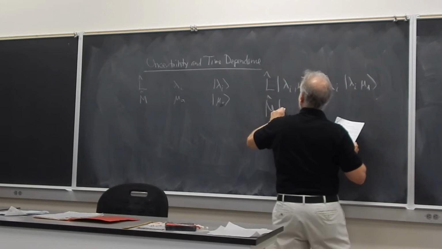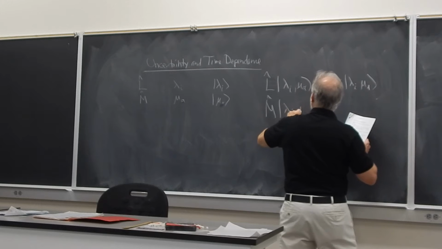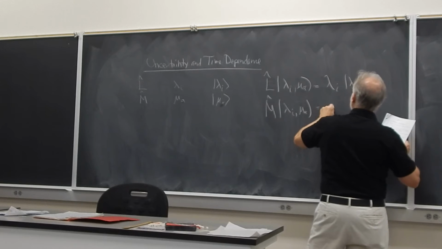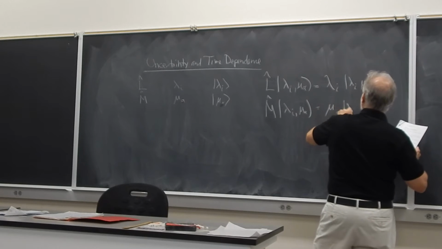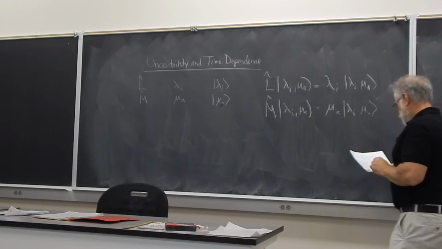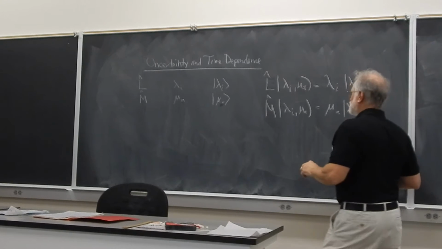Similarly, M acting on lambda sub I and UA will be equal to eigenvalue mu A times lambda sub I, mu A. And at this point, we can probably drop the subscripts.